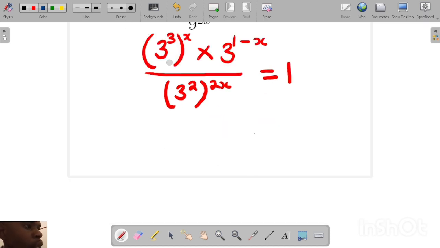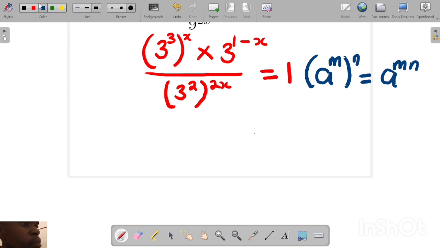By the laws of indices, if you have a number a that has been raised to the power m, and also raised to the power n, then this is equal to the same base a raised to the power mn. The powers multiply. So we apply this on 3 squared and 3 cubed.